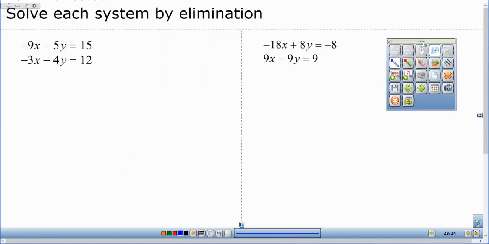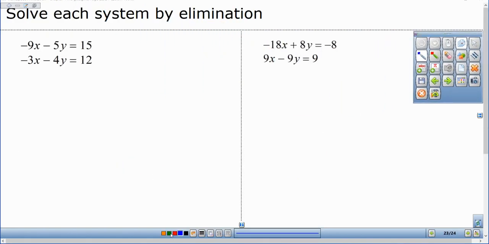Okay, so let's look at some where we have to change some things here. So look at the x's. Those would cancel out at a 9. These would cancel out at a 20. This one already says -9, and this one I want to change to a +9.